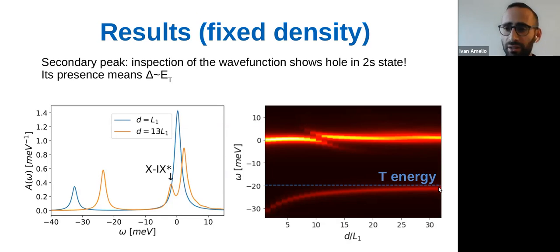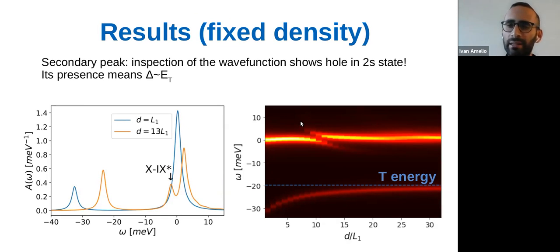If you look at the wave function of this state, it is one impurity that is bound to a 2s interlayer exciton. And you also see that this state becomes bright when you cross the exciton energy.